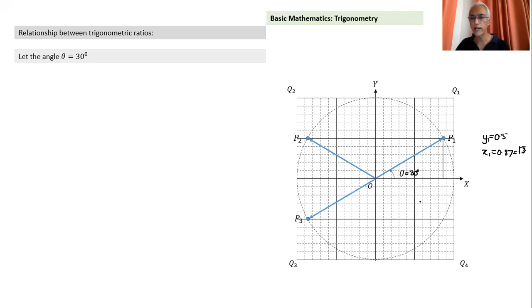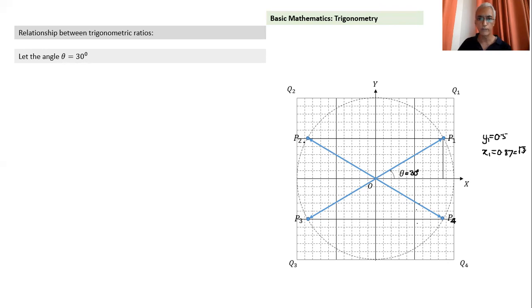Which other points will have the same magnitude of x and y coordinates? P2, P3, P4. These are the 4 points on the circle which have the same x and y magnitudes, though the signs will vary. What will the angle of P2 be? If this angle is theta, the angle for P2 will be pi minus theta, or 180 minus theta.